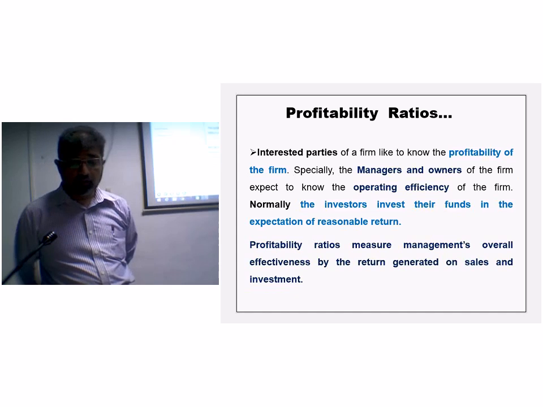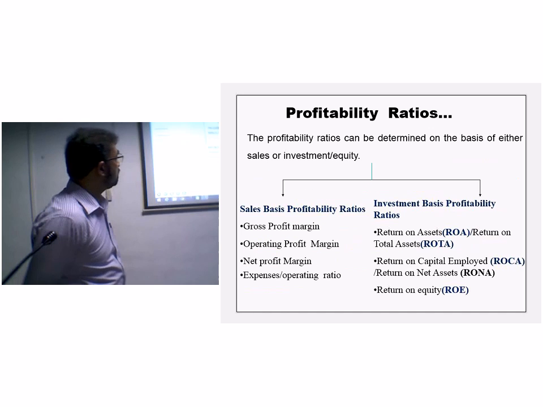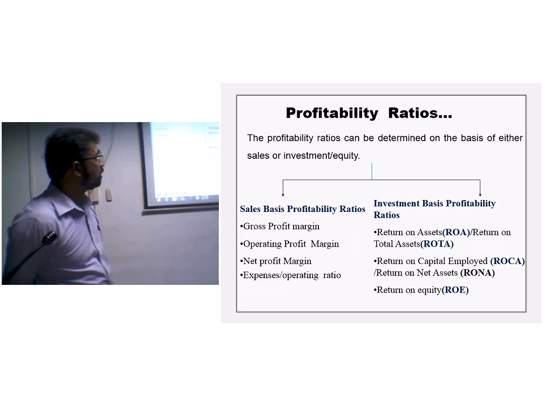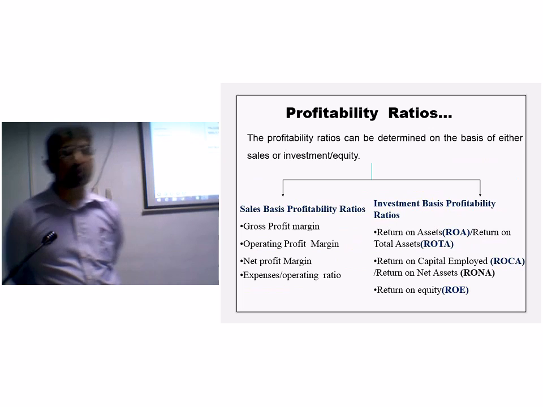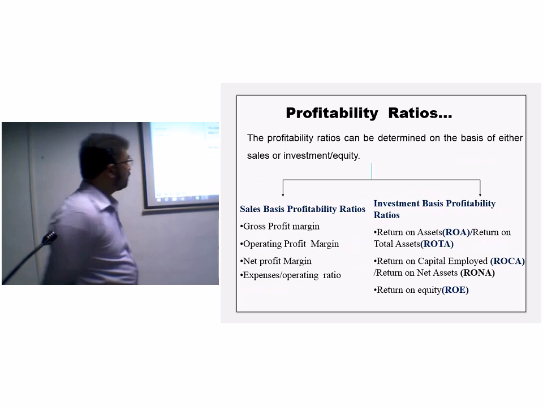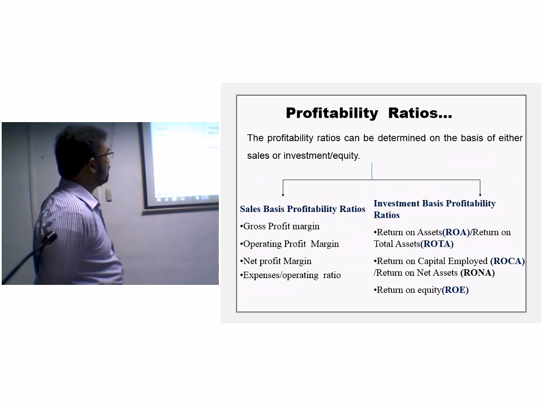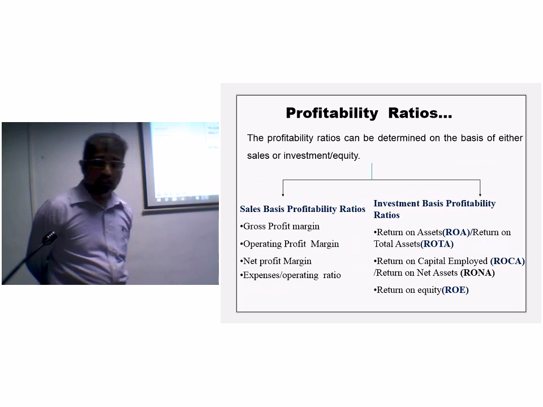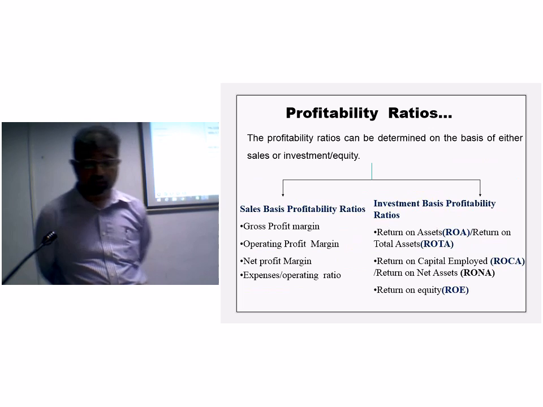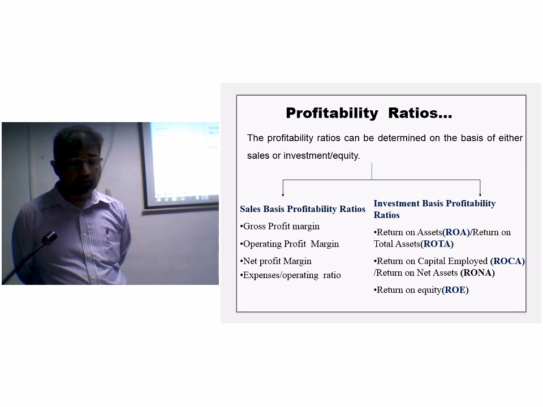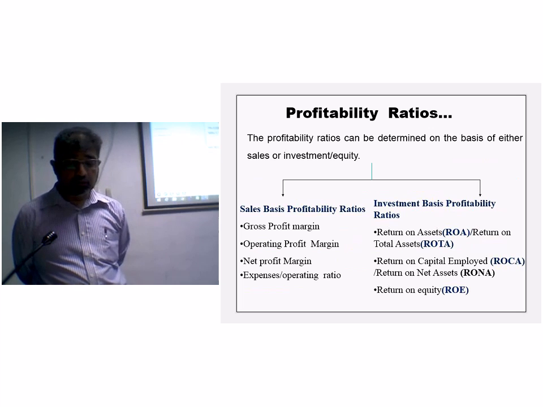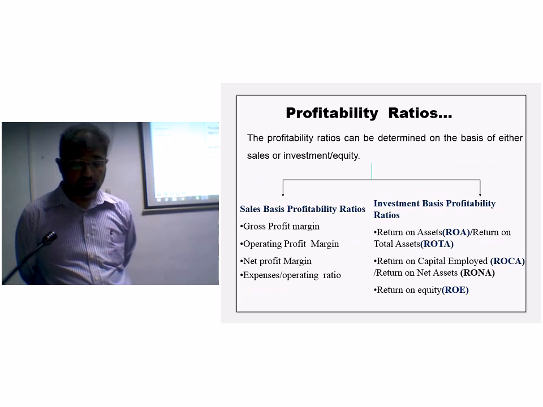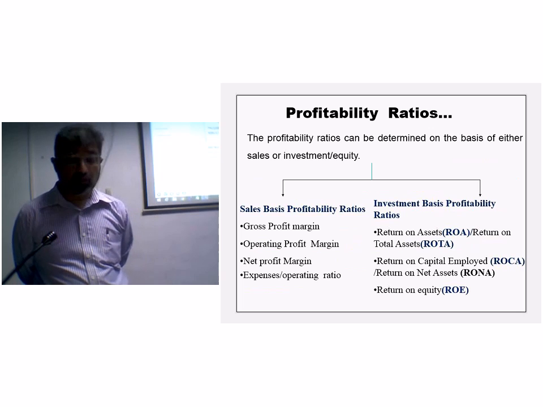Then you can see the classification: sales basis profitability ratio and investment basis profitability ratio. There are a number of sales basis profitability ratios. One is gross profit margin, operating profit margin, net profit margin, expenses over operating profit, expenses over sales, right?